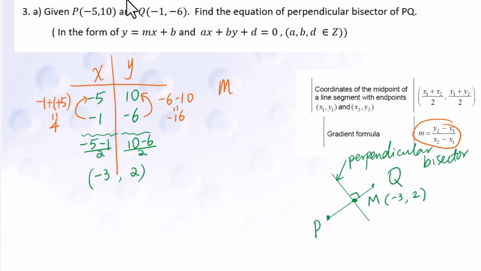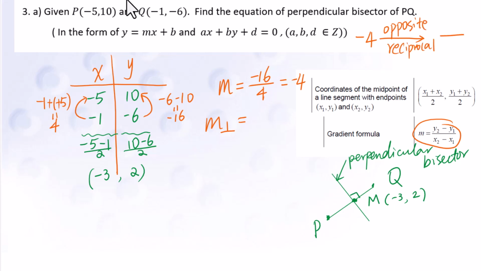So the slope of PQ equals negative 16 over 4 equals negative 4. Slope of a perpendicular line to PQ: from negative 4, we will do opposite, reciprocal, to get 1 over 4. Slope of the perpendicular line is 1 over 4.